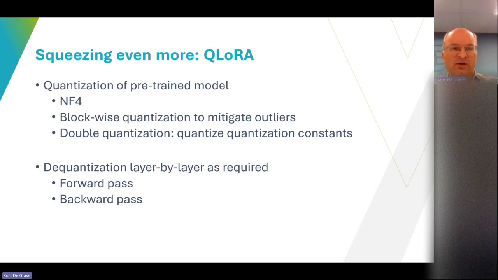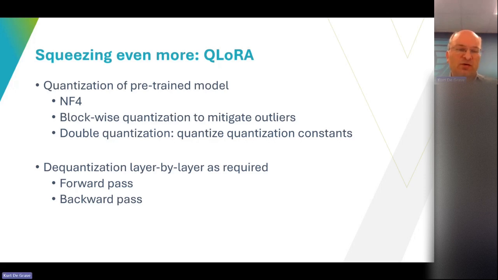And you can do that on a quantized model, where, again, you do blockwise quantization, because then an outlier will only influence one block.